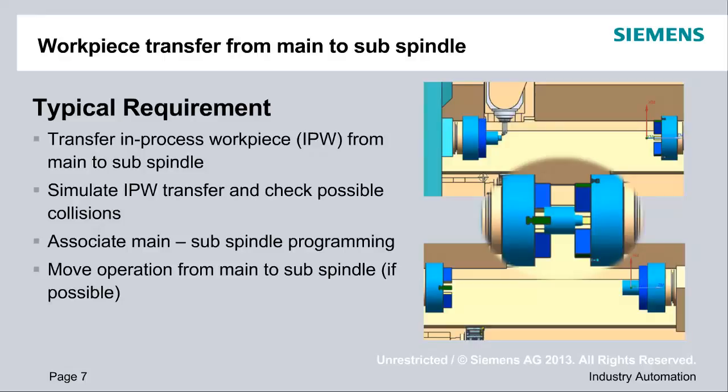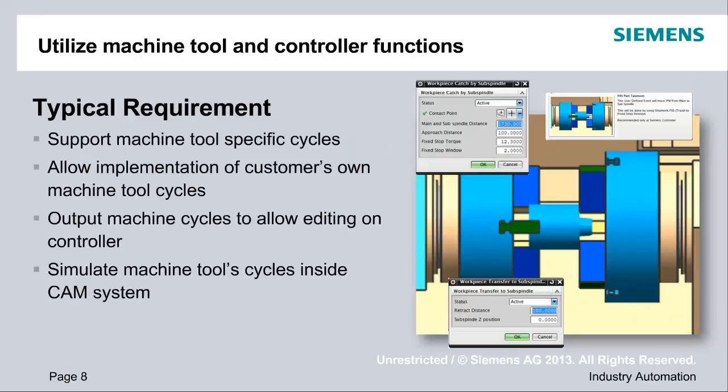After this is done, the last function I want to show you is how to implement typical machine cycles, because many of these mill-turn machines have special cycles which need to be supported. It's more or less not really cutting cycles.